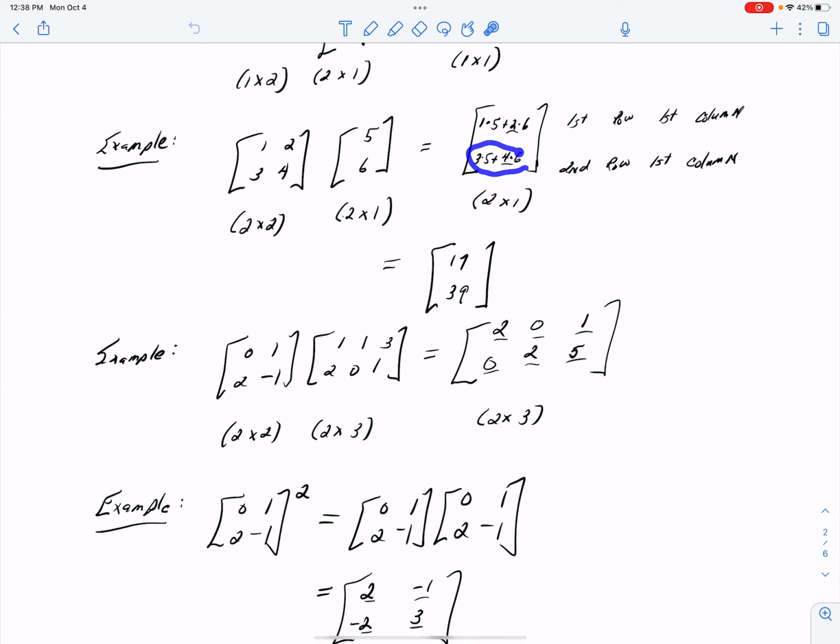So I get a 3 times 5, add 4 times 6. When I clean up this arithmetic, that's going to give me a 17 here and a 39 there. And that's the way I multiply two matrices together. I'm going to stop there.